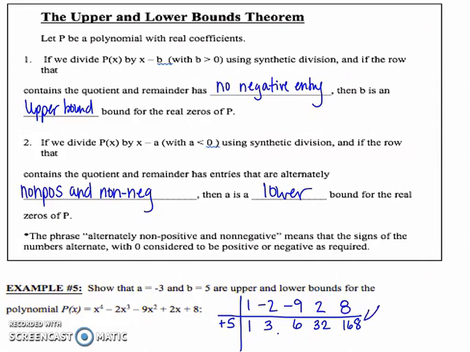Okay, so what I found here is no negative entry. So that tells me that positive 5 is an upper bound.